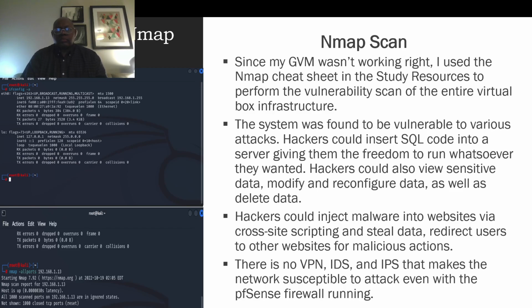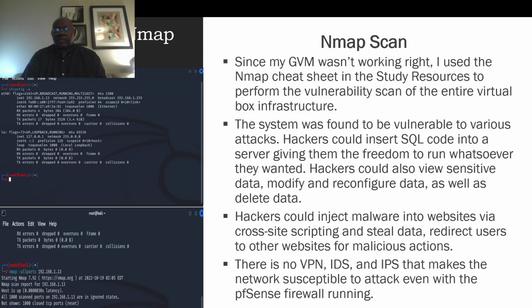I scanned all ports and the system. However, unlike the fictional company that I set up, this VirtualBox system was found to be vulnerable to various attacks.